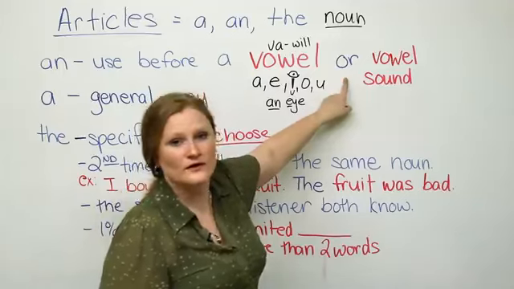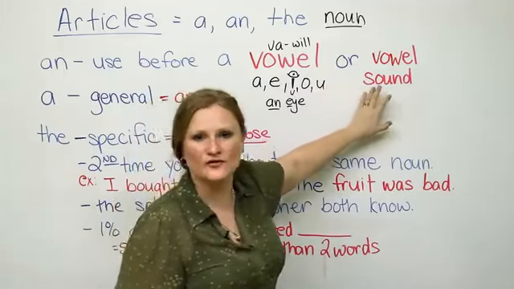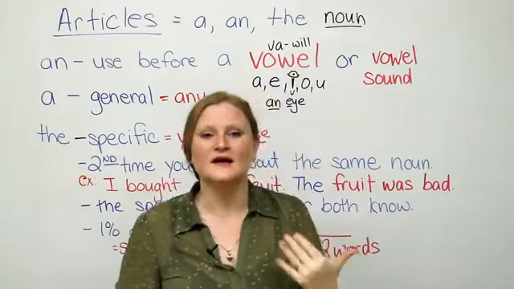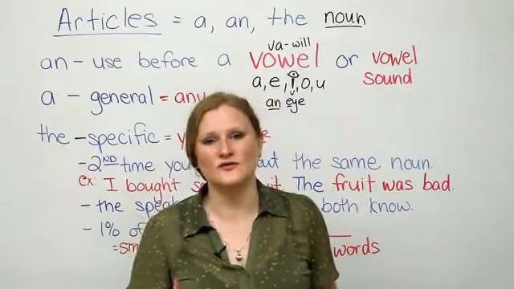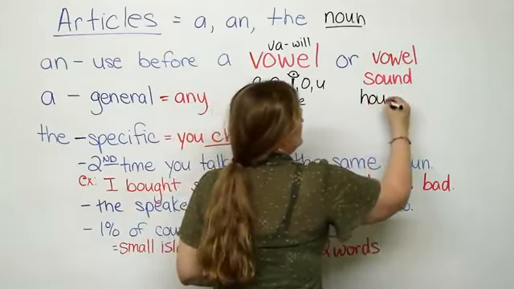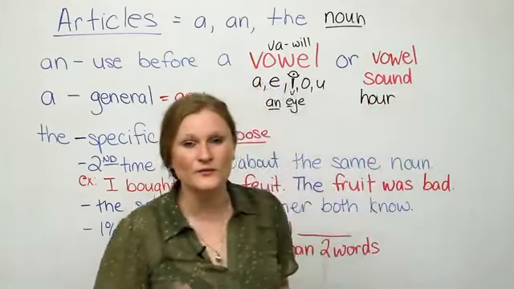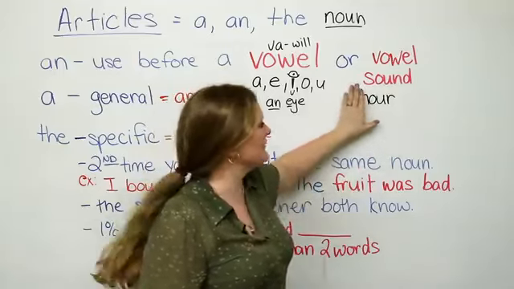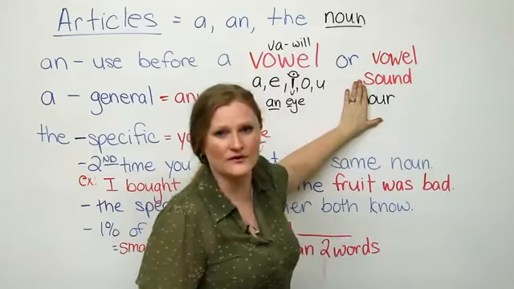Or, if the word begins with a vowel sound, what is a vowel sound, Ronnie? A vowel sound is usually always the letter H. For example, the word hour. We do not even say the H. It sounds like we're saying hour.